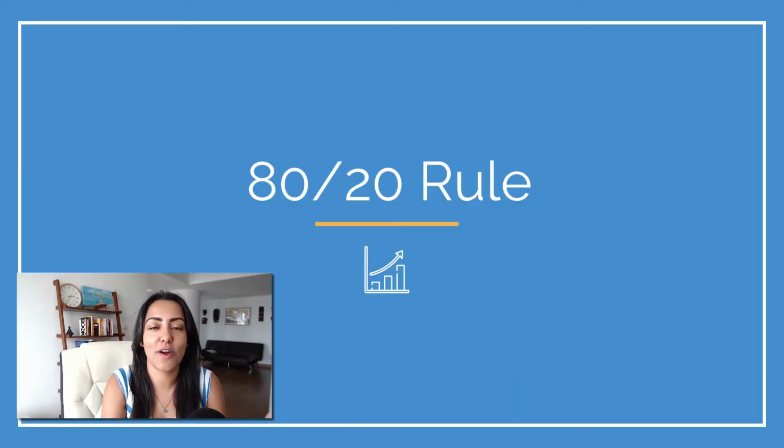So let's get started. The first thing I want to cover is something called the 80-20 rule or the Pareto principle. And basically all this says is that you're going to see 80% of your results from 20% of your efforts. And this applies to a lot of things in life, but it applies perfectly to Facebook ads. And the reason is because not everything that you try is going to work.